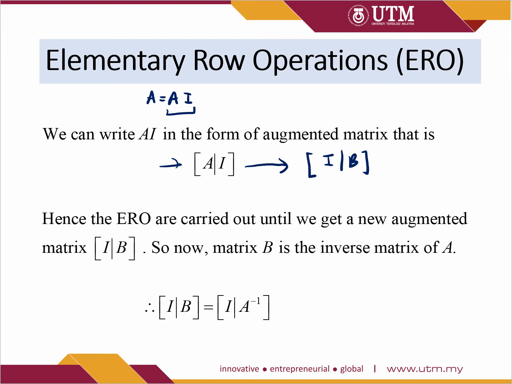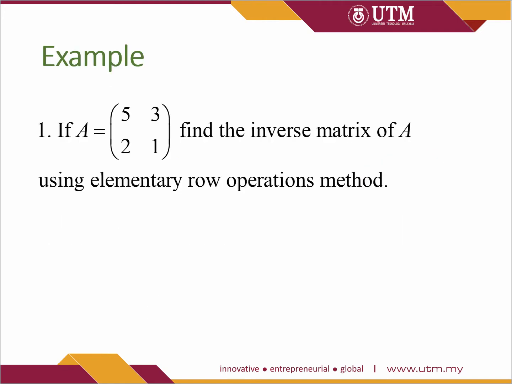So now we can see that our matrix B is the inverse matrix of A, or we can write it as I, inverse matrix of A. So now let us try this example.